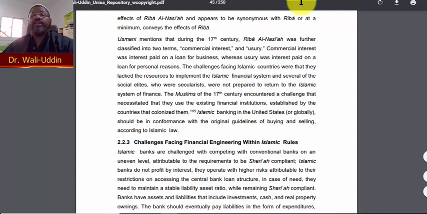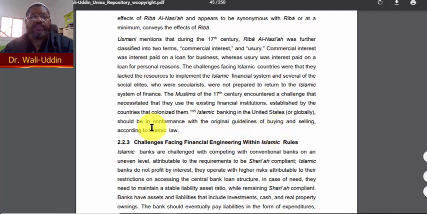So the scholars allowed personal interest, like personal loans, and they only forbade commercial interest used in business, which only became unlawful in the 17th century. There should be a reference in there. I found it. If you go to the referencing here, you should find it in that reference.